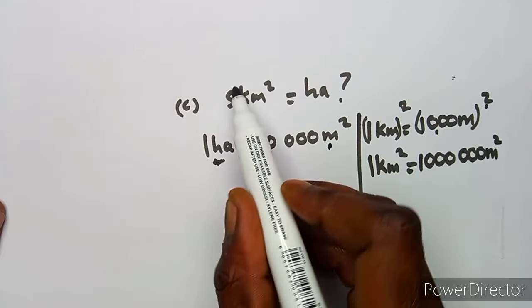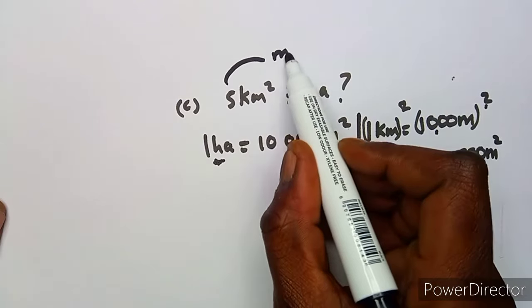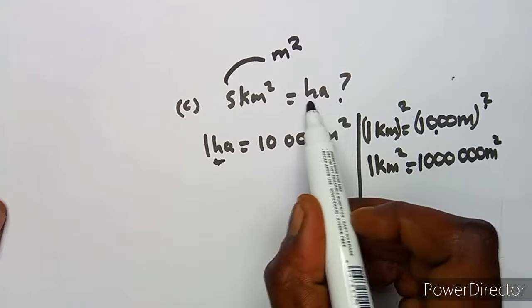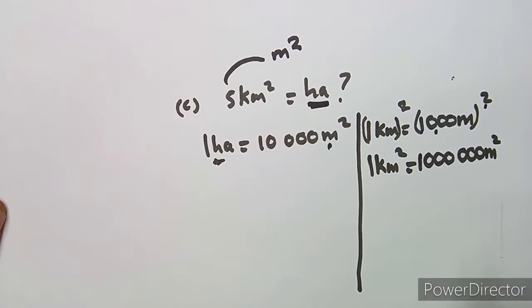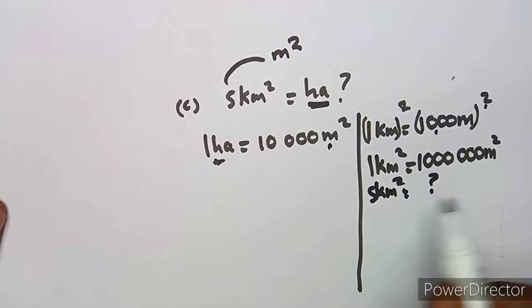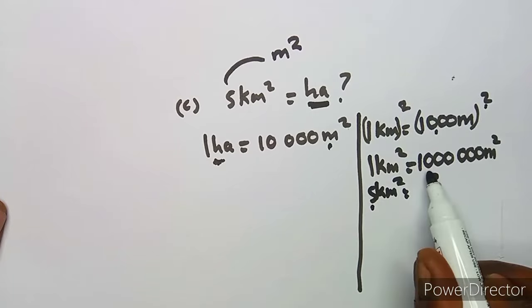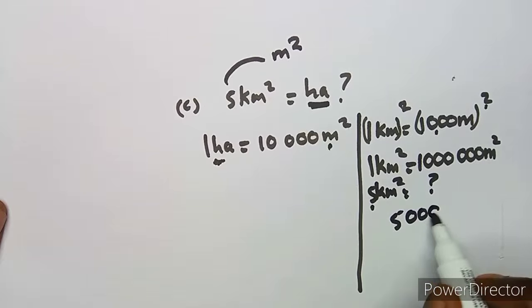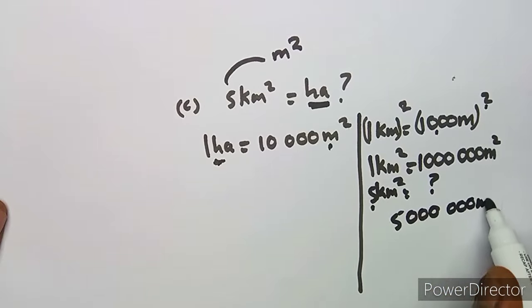So we have to convert this first to square meters. 5 square kilometers is equivalent to how many? As you can see, it's just multiplying 5 times 1 million, which is 5 million square meters.